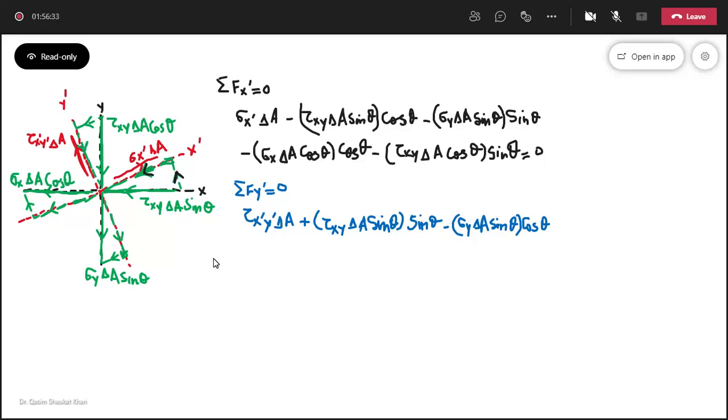So plus sigma x into delta A into cos theta, and which component will it be? This one. So what will this be, sin theta? Yes.